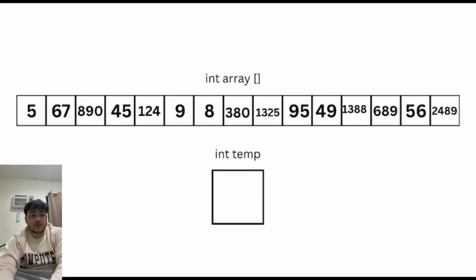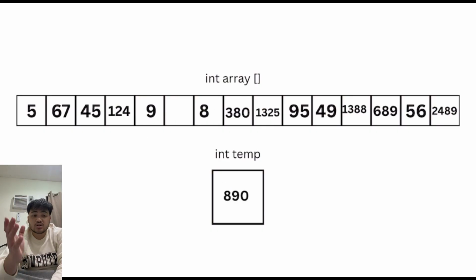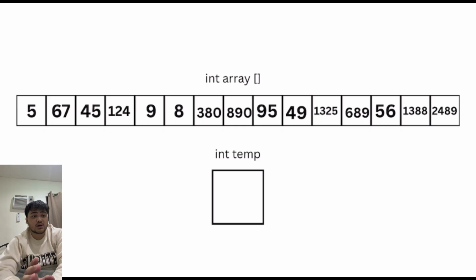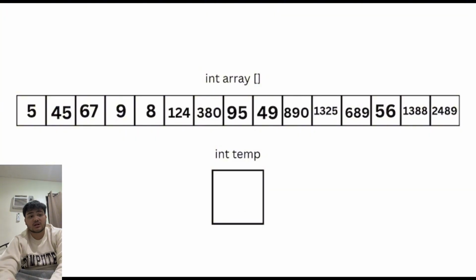Bubble sort works by repeatedly comparing and swapping elements until the entire list is sorted. It starts with adjacent comparison, where the algorithm checks two neighboring elements and sees if they are in order. Specifically, if the left element is greater than the right element when sorting in ascending order. If they are out of order, the algorithm performs a swap, moving the larger value one position to the right.